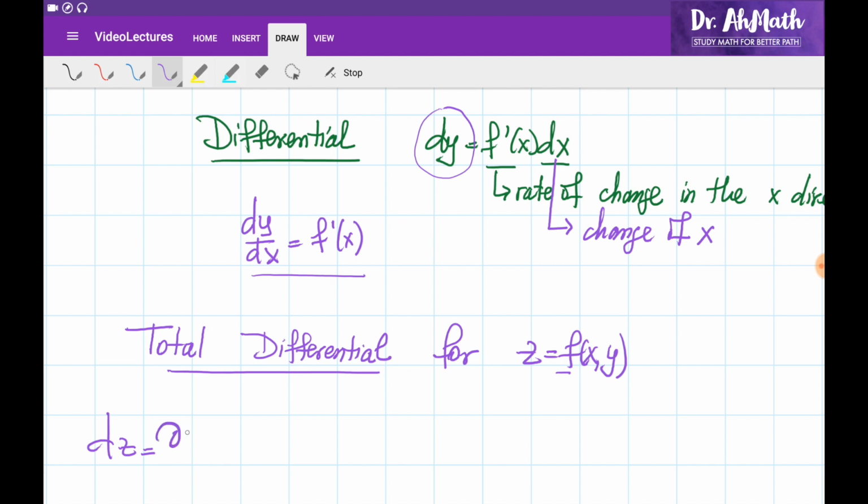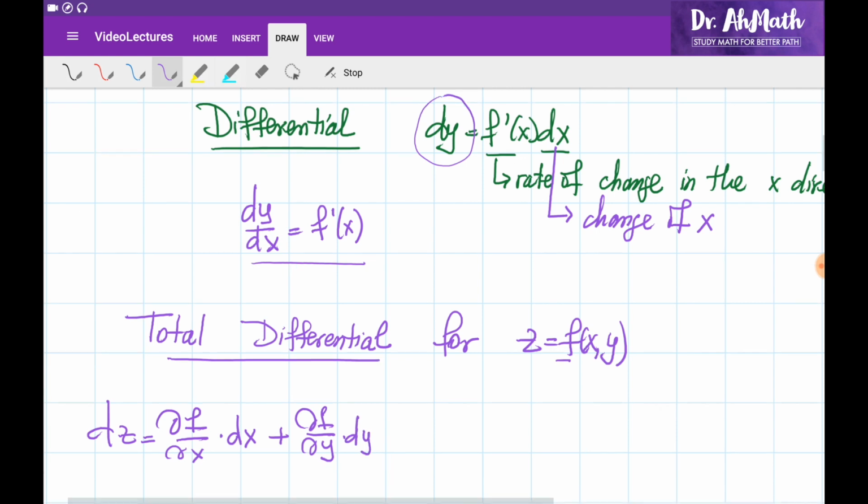The rate of change of f in the x direction is the partial derivative of f with respect to x, multiplied by the change in the x direction, which is dx, plus the rate of change of f in the y direction, because the function now depends on two variables, multiplied by the change in the y direction.